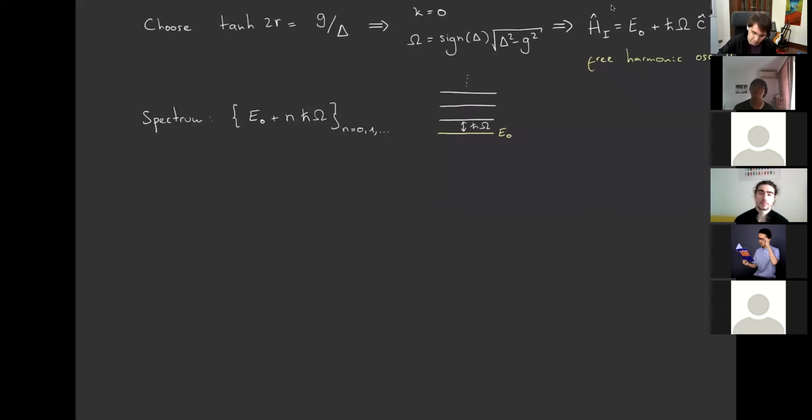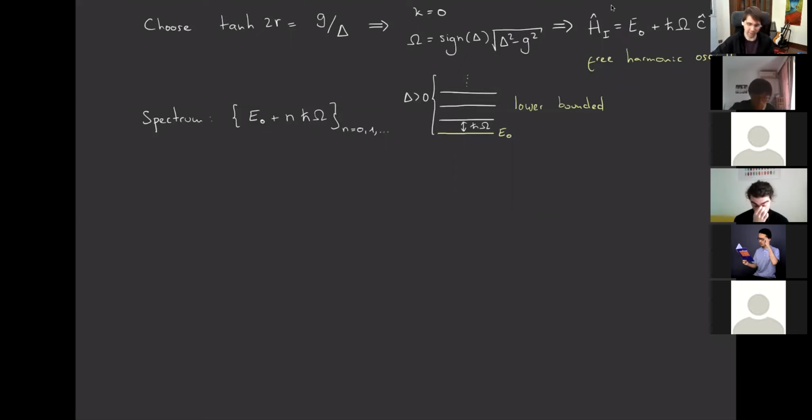This happens for delta larger than 0, because omega is positive, and then we have a lower bounded spectrum, and that's the key point in here. So we have a lower bounded, uniform spectrum with a gap h bar omega.